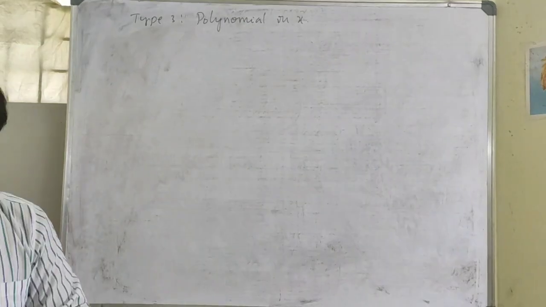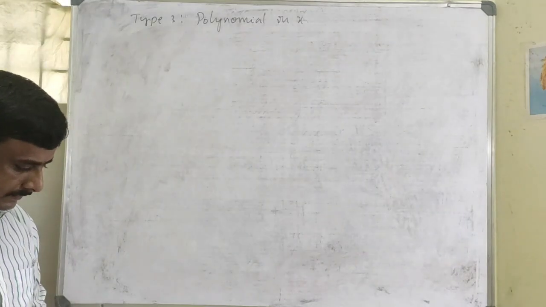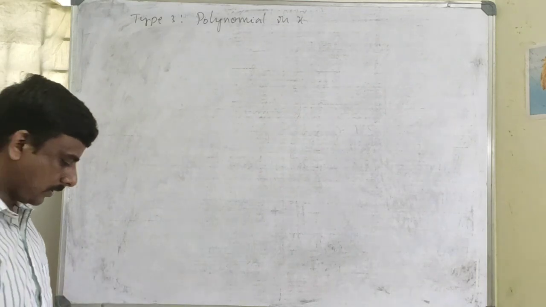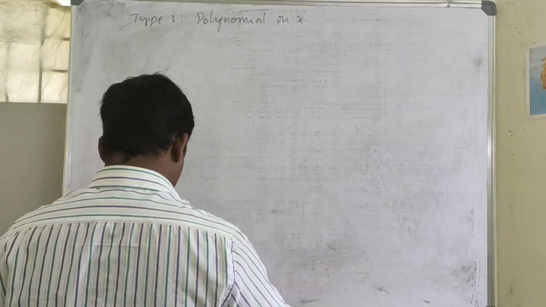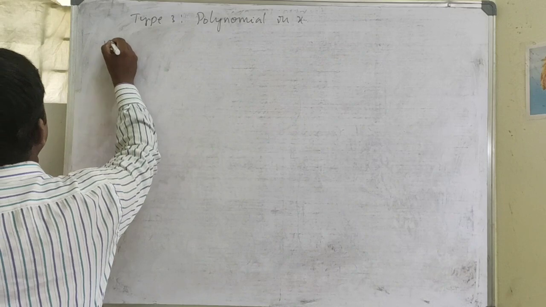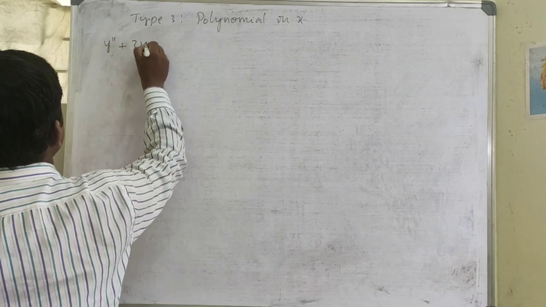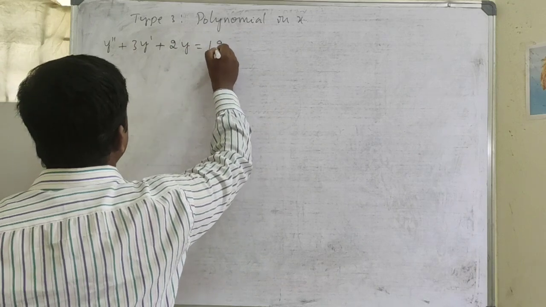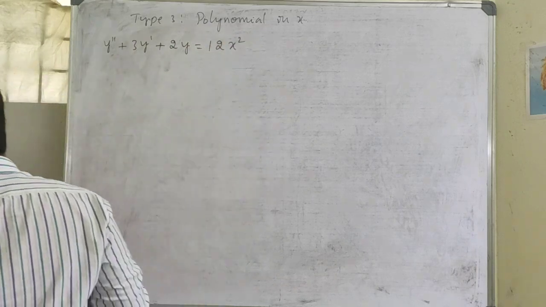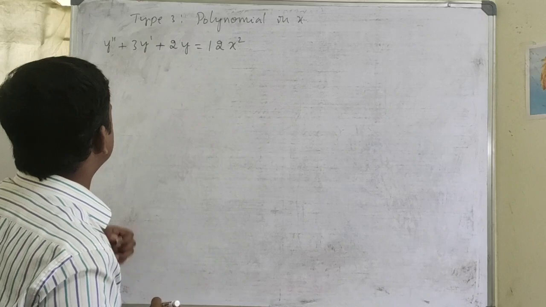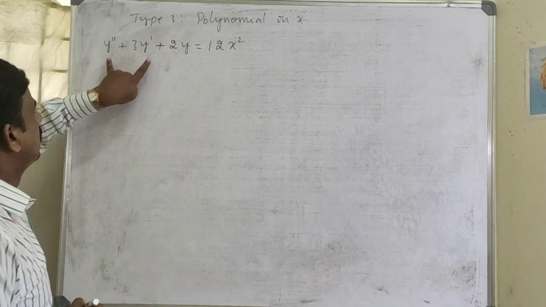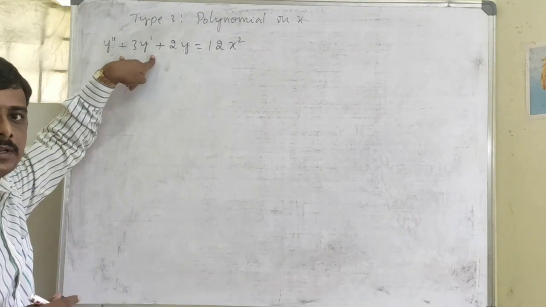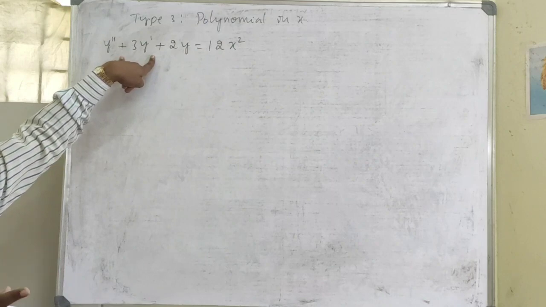So here let us consider a problem. Solve y double dash plus 3y dash plus 2y equal to 12x square. Now I want to find the solution of this. The corresponding auxiliary equation is m square plus 3m plus 2 equal to 0.